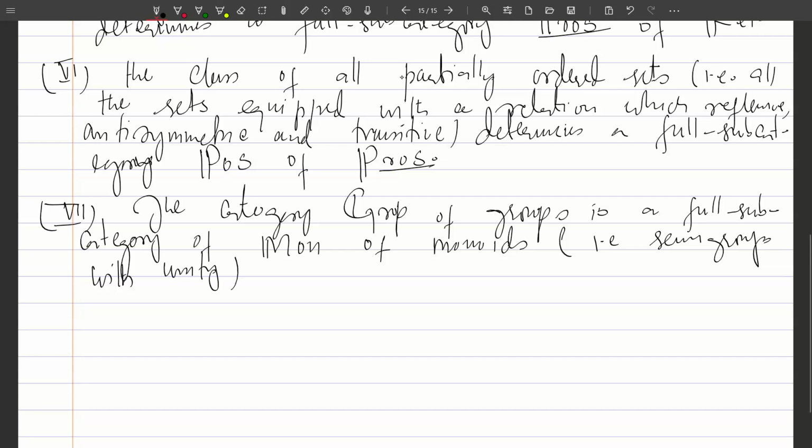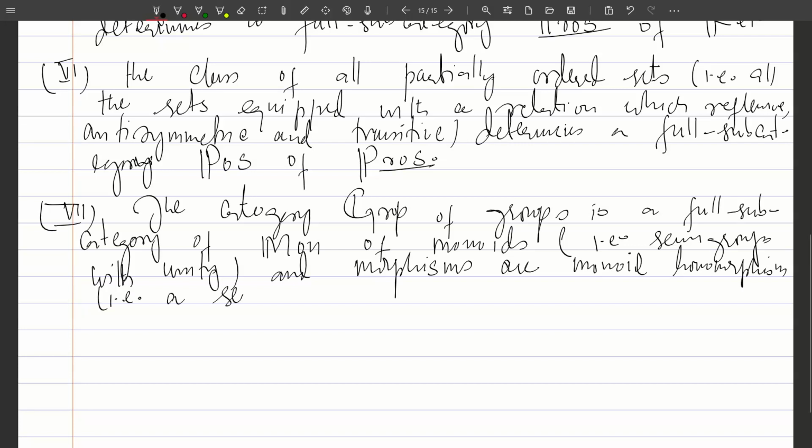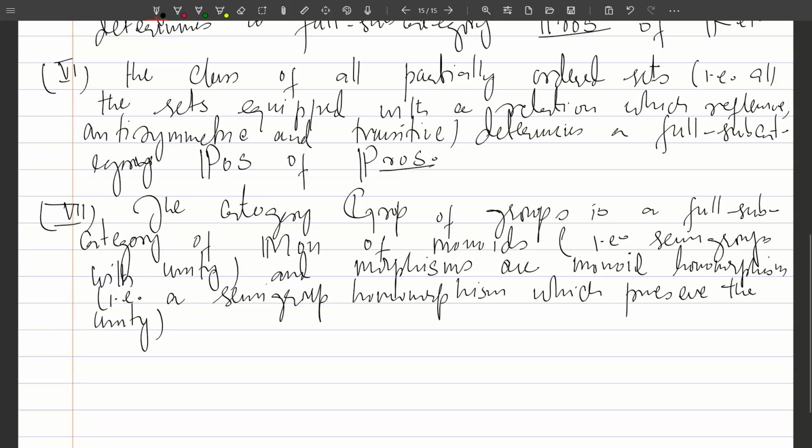And the morphisms here are the monoid homomorphisms, i.e., semigroup homomorphisms which preserve the unity.